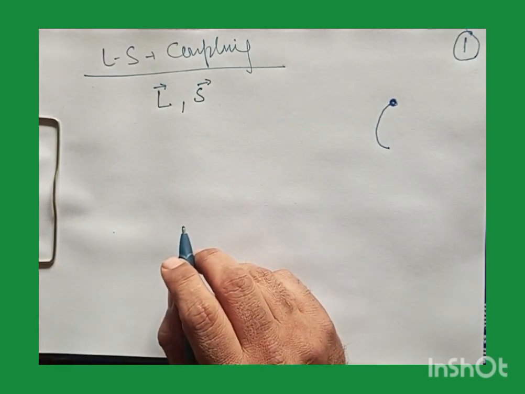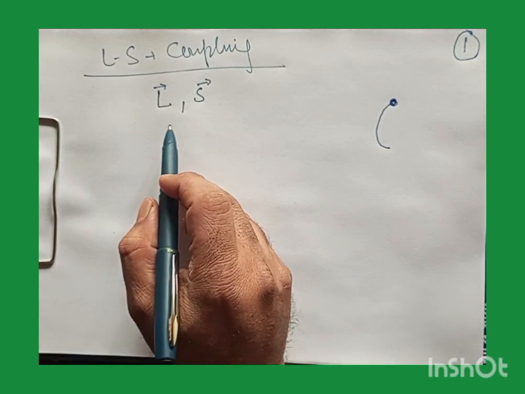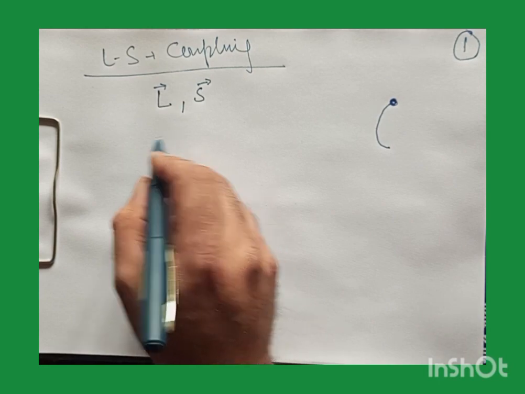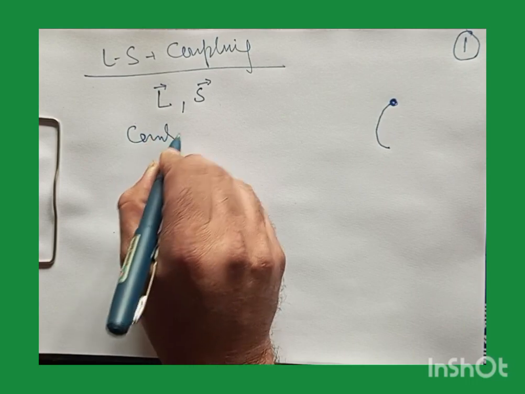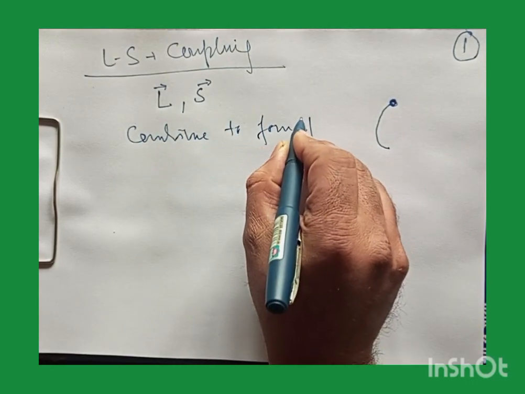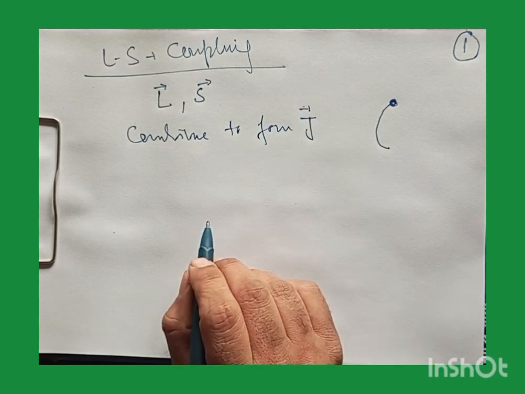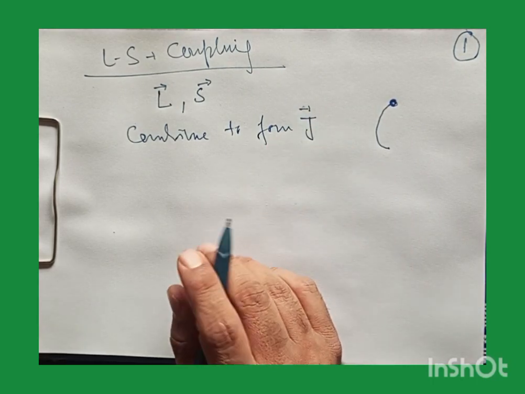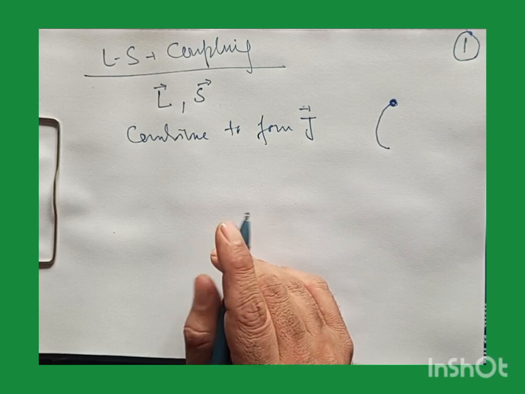Now the resultant vectors L and S combine to form the total angular momentum J. And this J represents the total angular momentum.